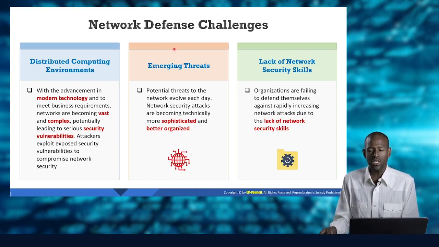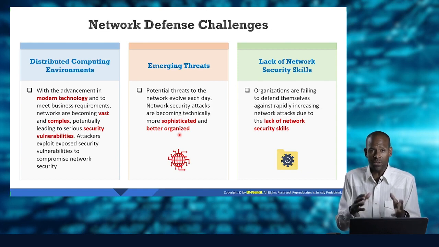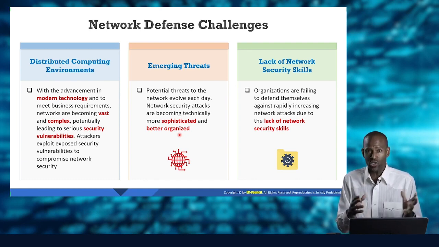The next one is emerging threats. These are potential threats, things we didn't see coming. They're getting more and more sophisticated. They're getting better organized. Did you know that most of these attacks from threat actors come from organizations that are crime organizations, like crime corporations, that are every bit as sophisticated as the large corporations you see around you, but they're dedicated to one thing: crime.